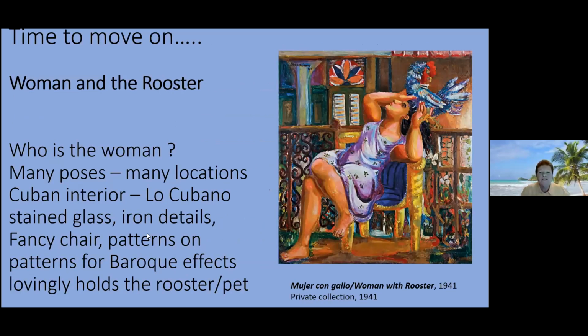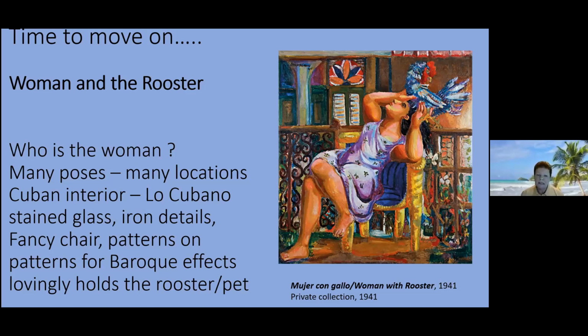So let's move on to the woman and the rooster. Who is the woman? You will see in Mariano's work many, many images of women. She is portrayed in many different poses in many locations. She could be lo cubano. She could be in a Cuban interior as lo cubano, where you will see stained glass, iron details, the fancy chair, the patterns on patterns for the Baroque effects.